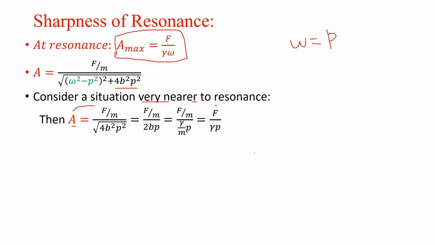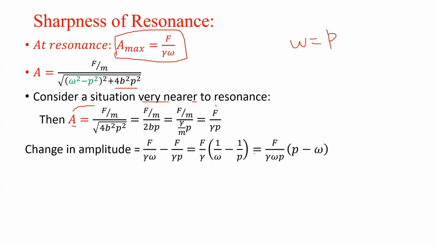So now how can we measure the sharpness of the resonance? Change in amplitude by change in frequency. So what is the amplitude at resonance? f by gamma omega. What is the amplitude very near to this resonance condition? f by gamma p. So what is the change in amplitude? This one minus this one, that means f by gamma omega minus f by gamma p.